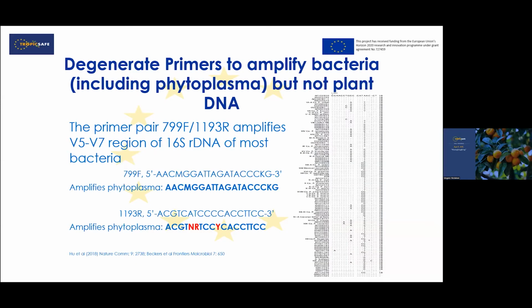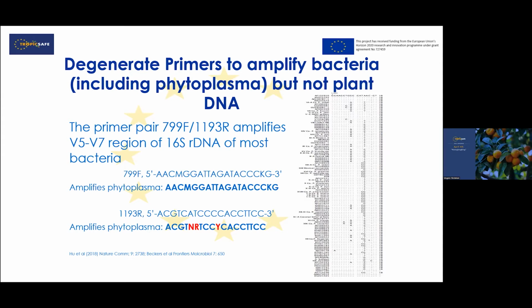So the first thing we did was to look into standard primers that are already on the market or published. We found one primer pair, the 799-1193 primer pair, that amplifies the V5 to V7 region of 16S rDNA.